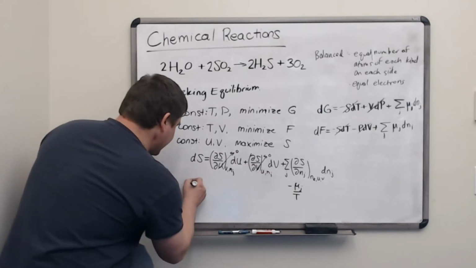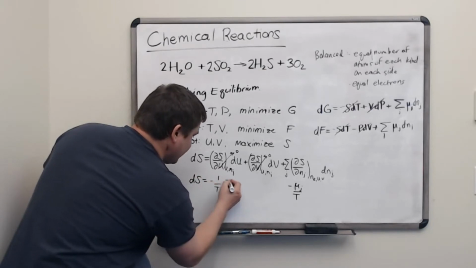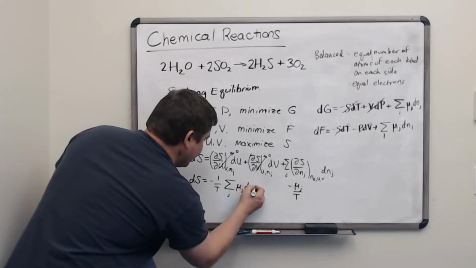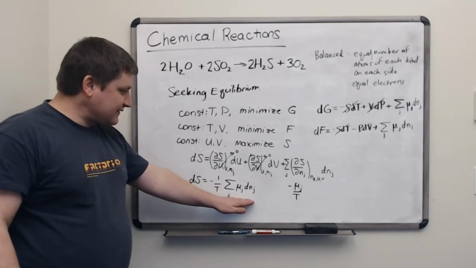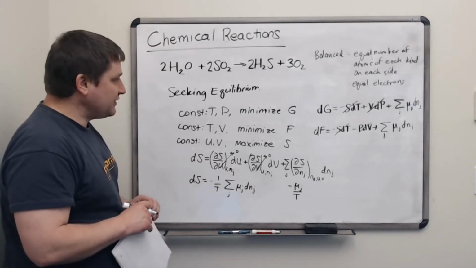So again, we get something where this is minus 1 over T times the sum of mu_j dn_j. So again, this mu times dn_j term is basically the only thing that determines whether we're going to get closer to equilibrium or not.